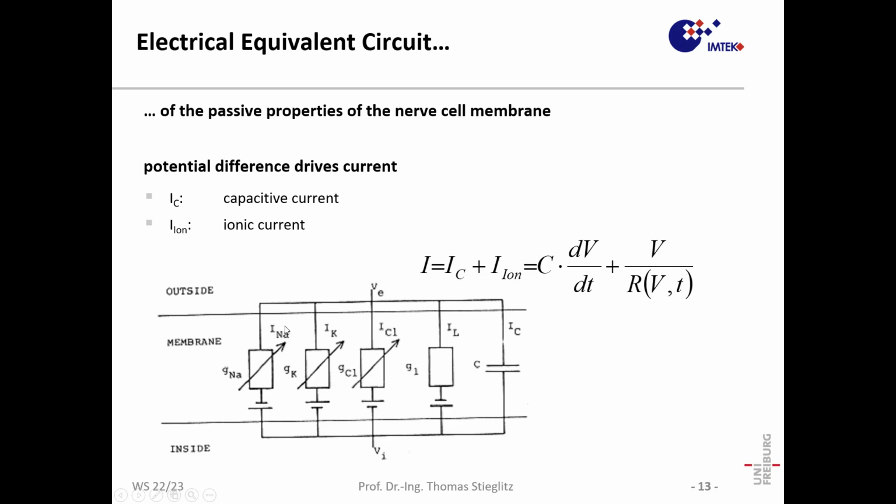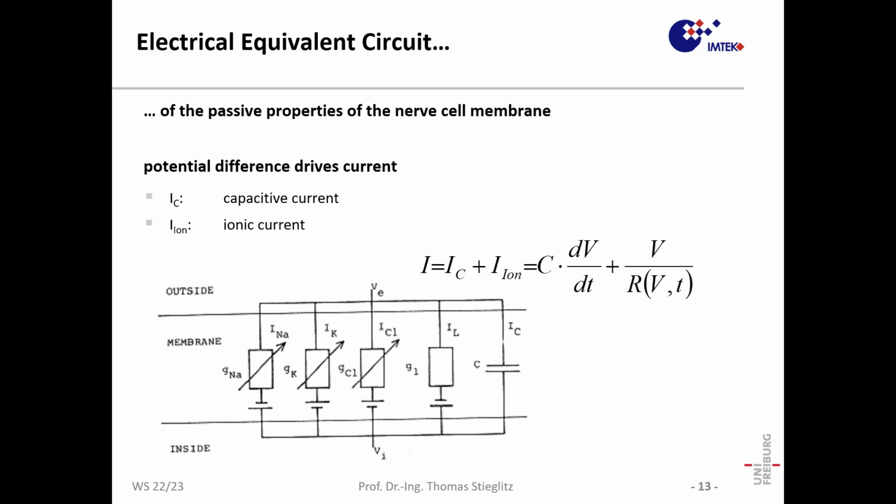And if you do that, you come to that equivalent circuit where the sodium-potassium pump is not in, because that's an active source. We like to have here the passive properties of a cell membrane in that description. And what do we have? We have the cell membrane, which we neglected so far, but we know that this is a phosphate bilayer. And if you have a layer there, you can model that layer as a capacitor.